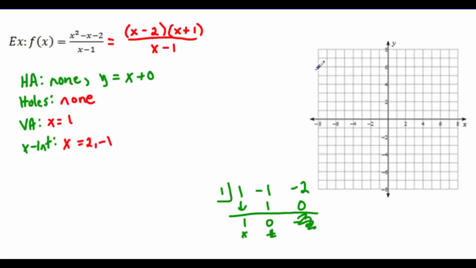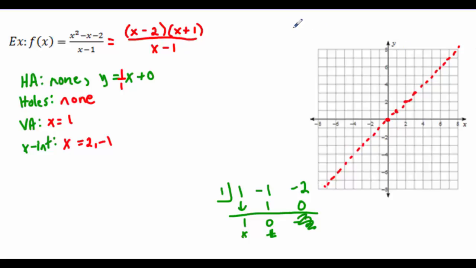So if I start to put this on my graph, to draw this slant asymptote, y equals x plus 0, you start at the number on the y-axis, so this axis. You start at that number and then you use your slope, which is 1 over 1. If you're not good at graphing, you can type in y equals x as one of your things in your calculator to help you and get some points that way.